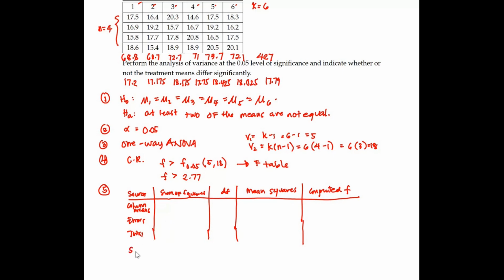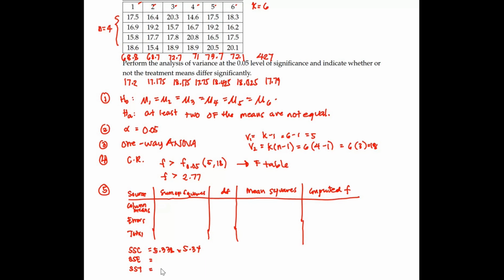So let's compute for SSC, SSE, and SST. For the column means, using the formula, we have SSC equal to 5.338, or you can have 5.34.